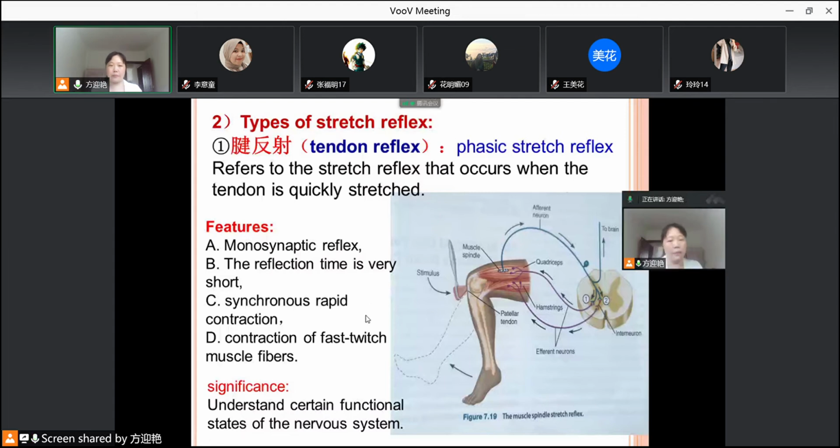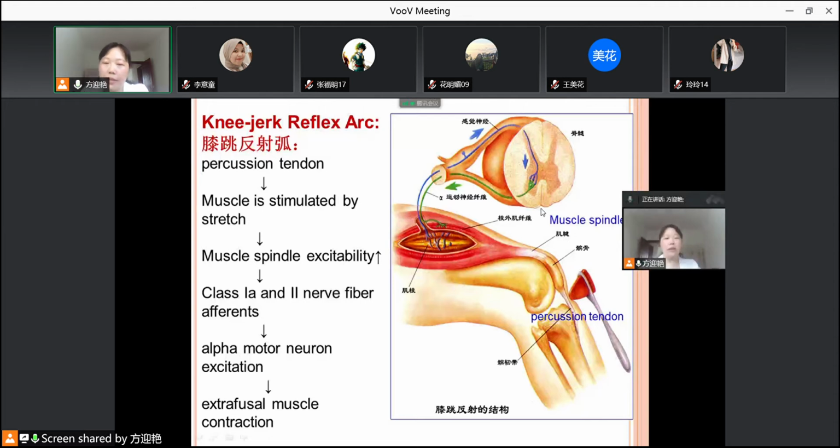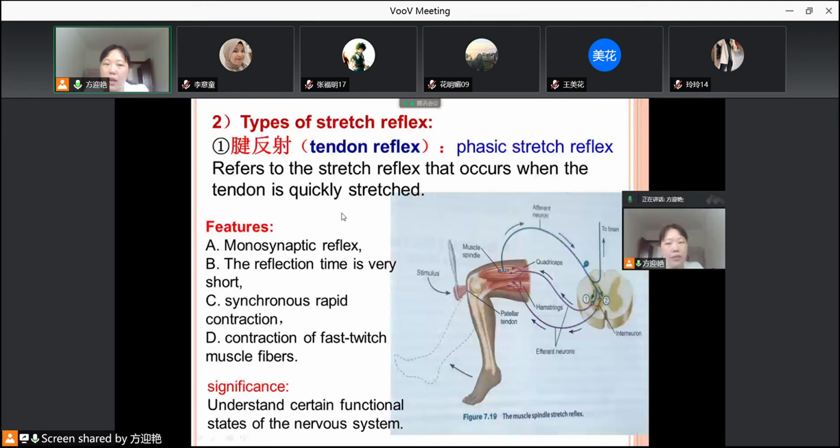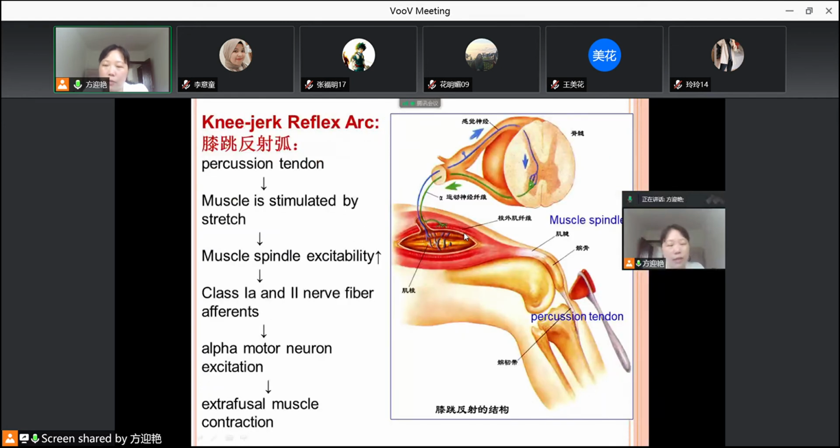Then we can see this process, which we also call the knee jerk reflex. I hope you know that the knee jerk reflex is the tendon reflex. When the tendon is pulled, the muscle is stimulated by stretch.